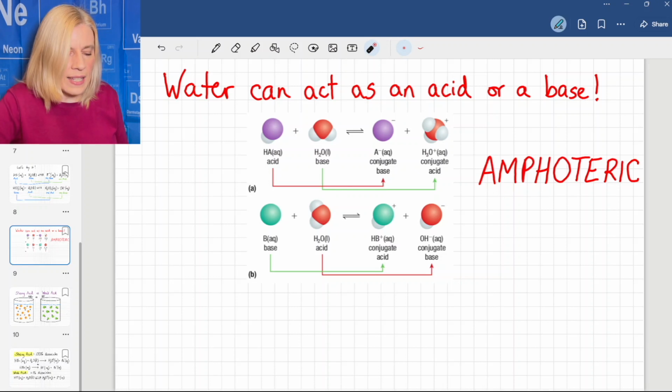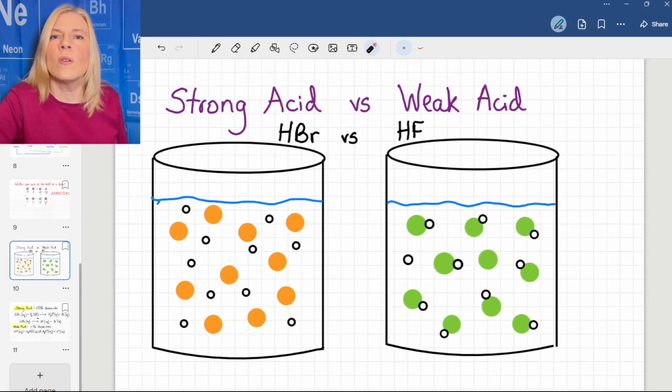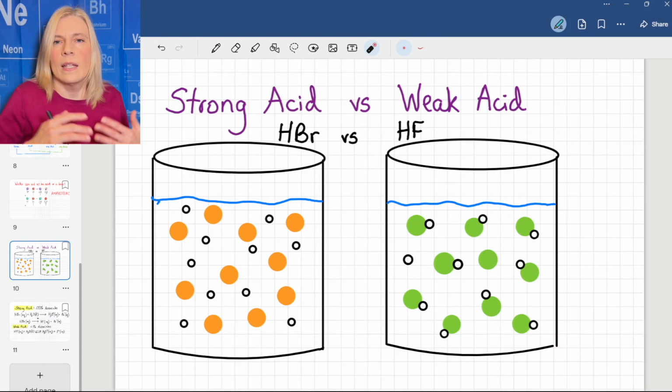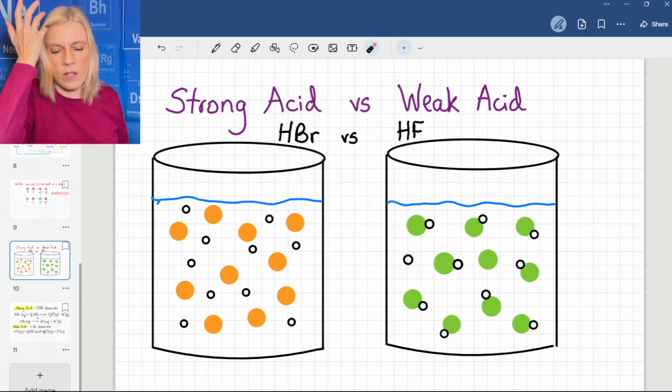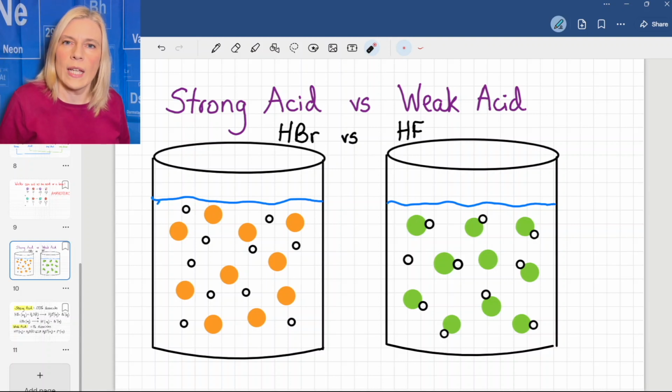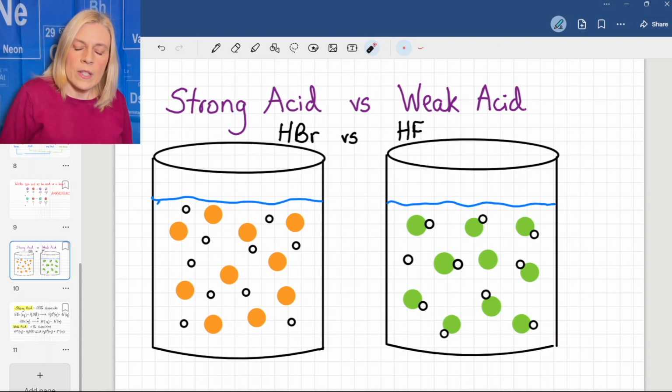Okay? Let's go to just one more idea about acids and bases: what's a strong acid versus a weak acid, and what's a strong base versus a weak base? Same idea for both. Let's look at this picture. We have our hydrobromic acid, HBr, and hydrofluoric acid, HF. Let's look at the beaker with HBr.